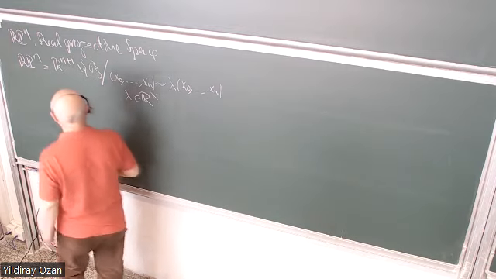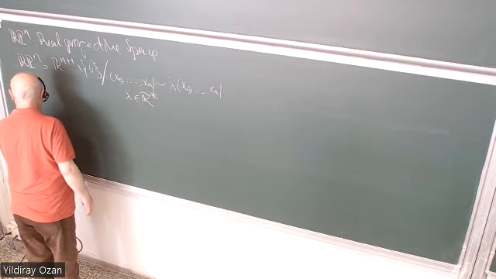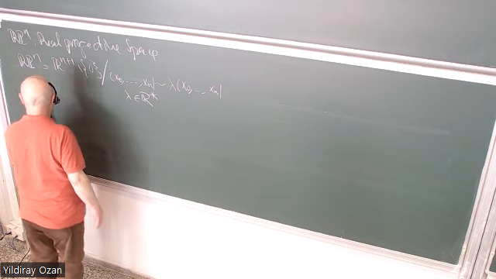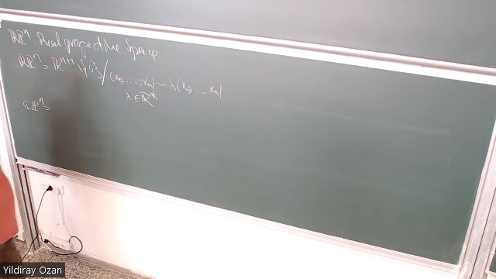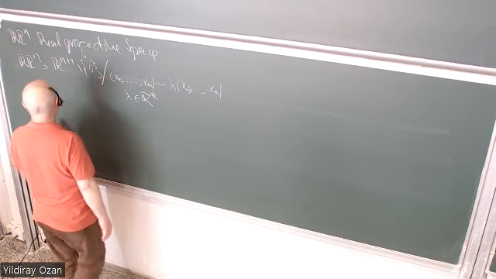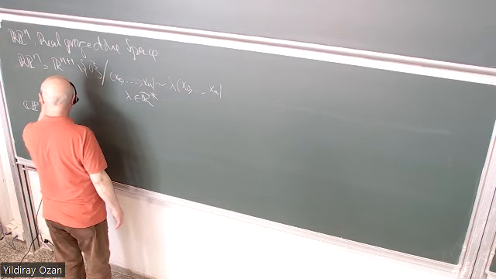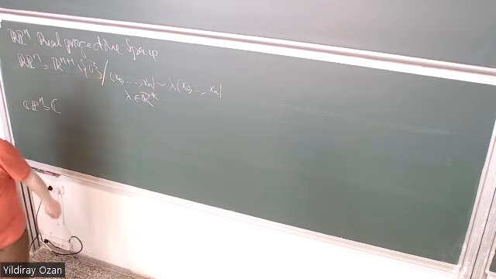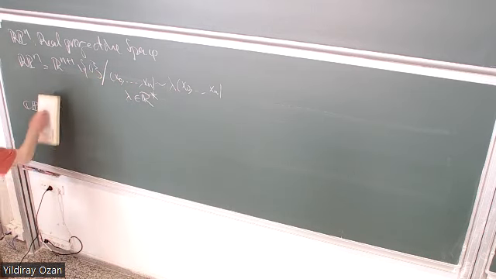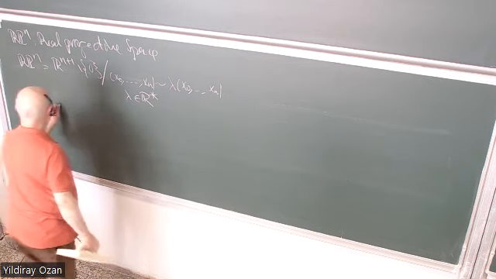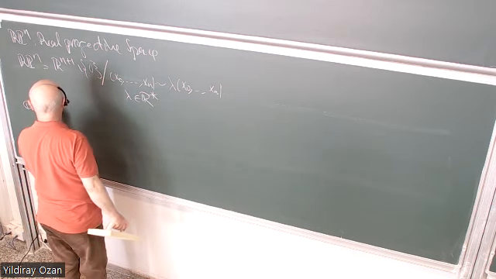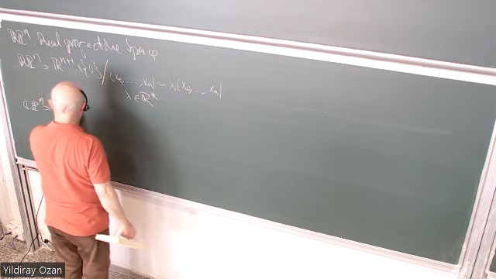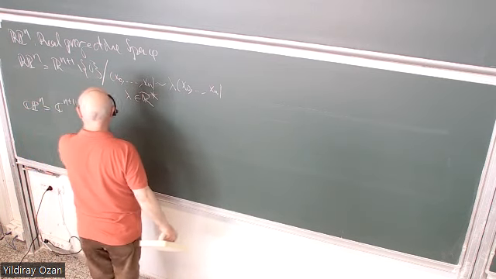Well, we just repeat the same construction, but this time we use complex numbers instead of real numbers, and we get so-called complex projective space. So C^(n+1) minus 0.